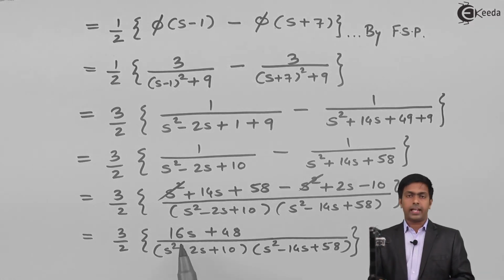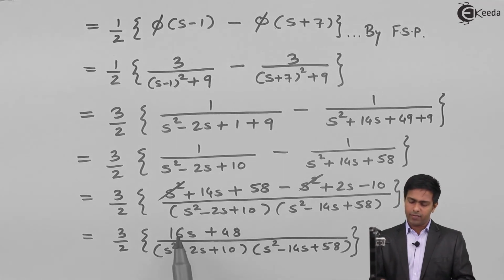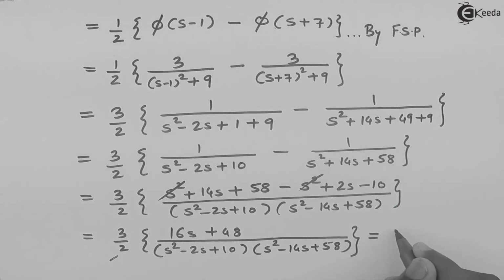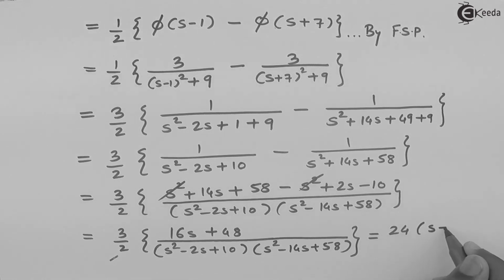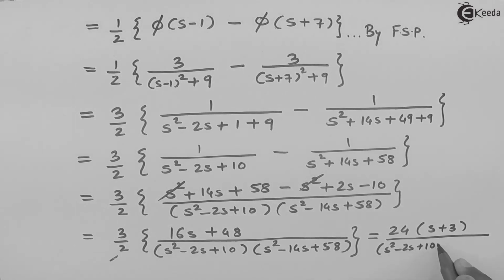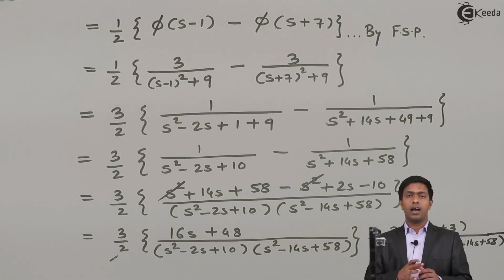Now I can take 16 common, so when 16 comes outside, 2 and 16 will cancel, so 2 ones are 2 and 2 eights are 16, so we'll get 8 into 3, that is 24, outside. In bracket s plus 3 upon these two brackets as they are, s square minus 2s plus 10 and s square plus 14s plus 58, as our final answer.